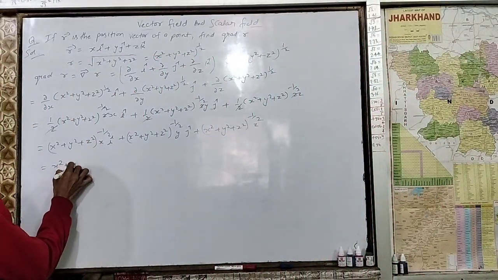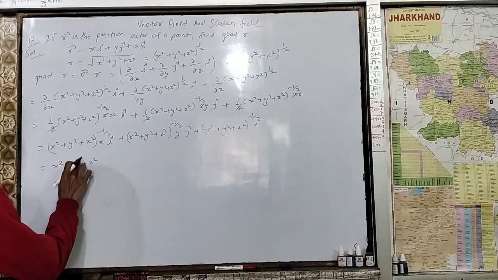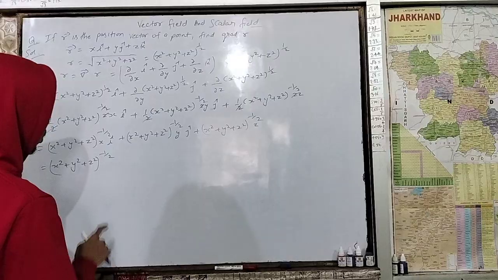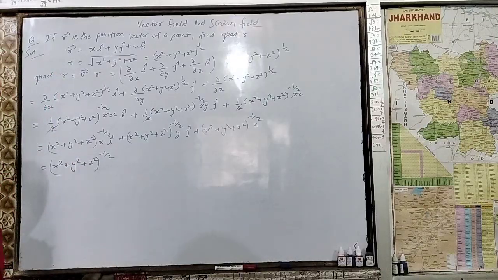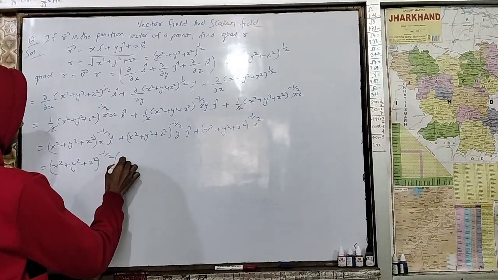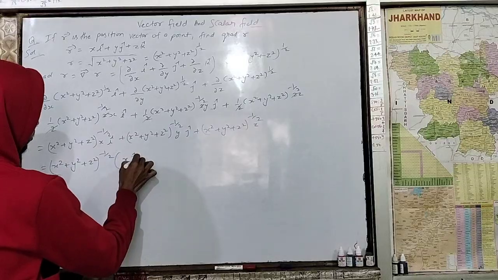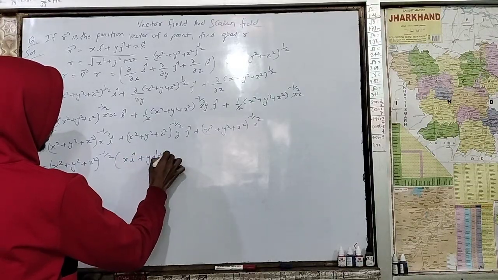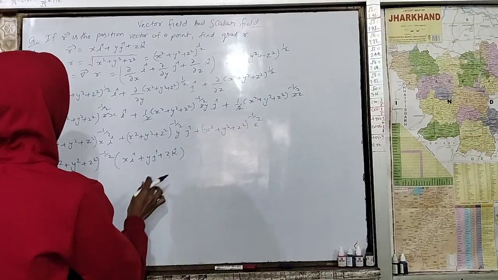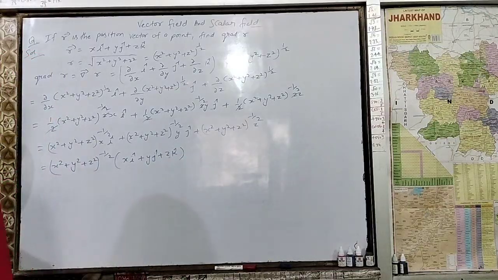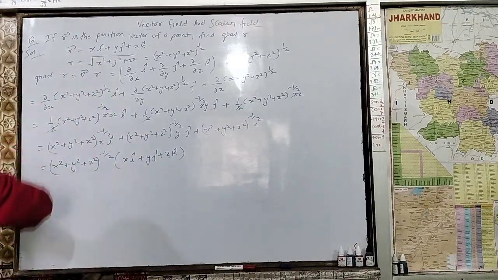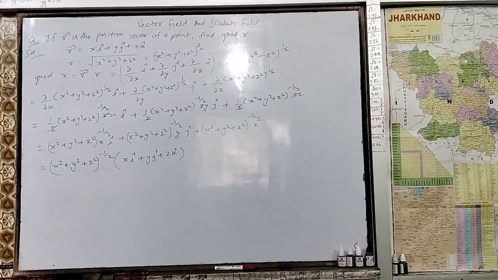So (x square plus y square plus z square) raised to power minus 1 upon 2, and finally we will have x i cap plus y j cap plus z k cap. And here you can see this is the value of r vector. Am I correct?